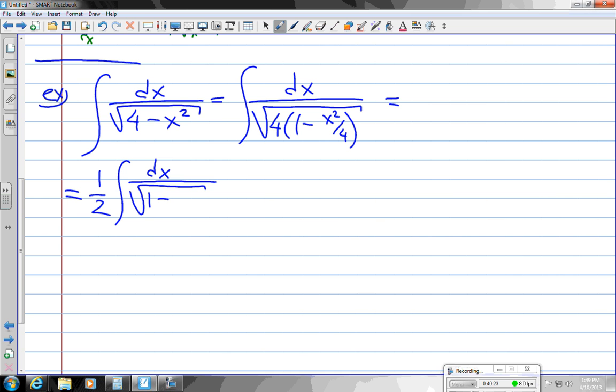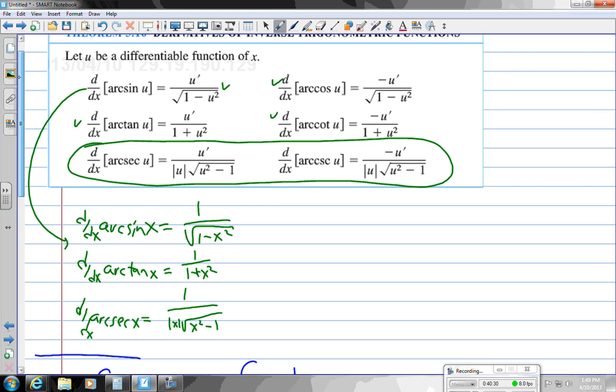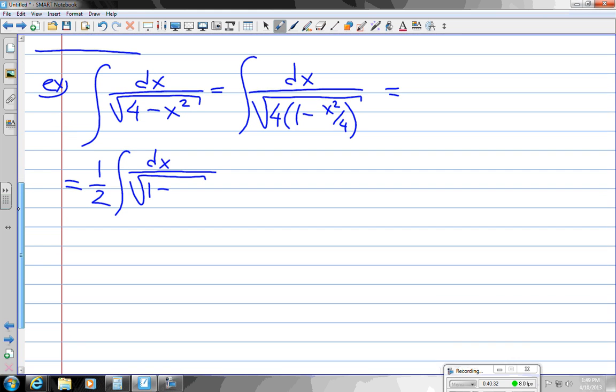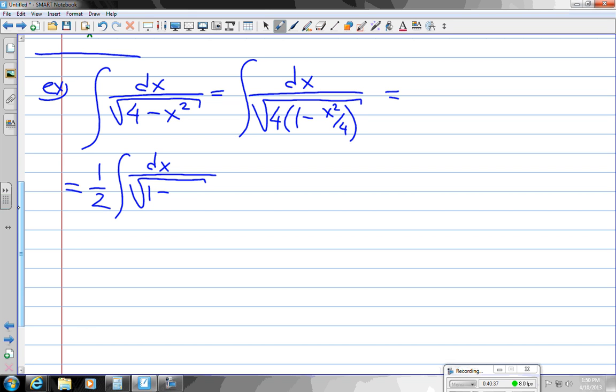Okay? Well, now look. In my rule, it says u squared, so I should have some function squared. Right now, I have x squared over 4. Can I express x squared over 4 as something squared? What squared equals x squared over 4? X over 2, right? I can express that as x over 2 squared. So now it really matches that rule.